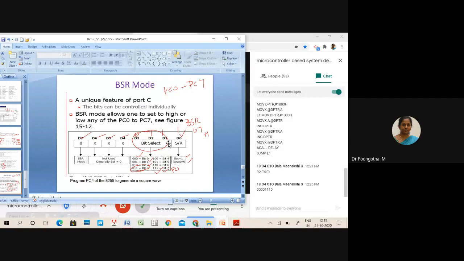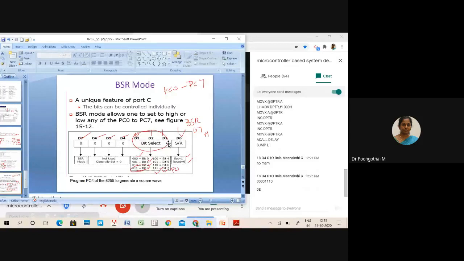So what is the value in hexadecimal? 8421, 0C. 0C or 0D? 0E. So 0E is the control word.